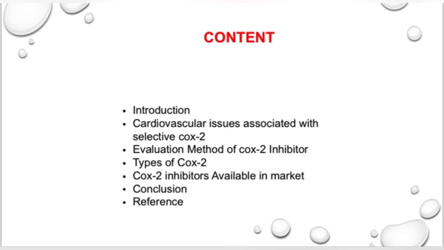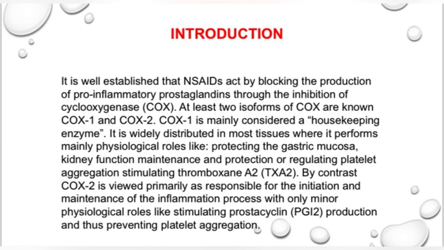COX2 inhibitors basically inhibit pro-inflammatory prostaglandins through the inhibition of cyclooxygenase, COX. At least two isoforms of COX are known: COX1 and COX2. COX1 is mainly considered a housekeeping enzyme.